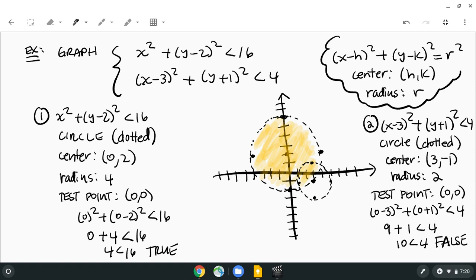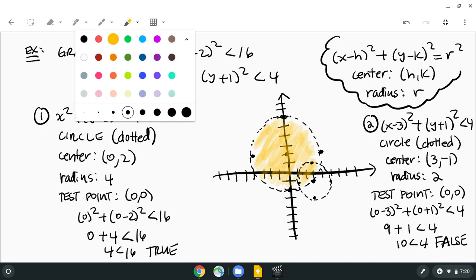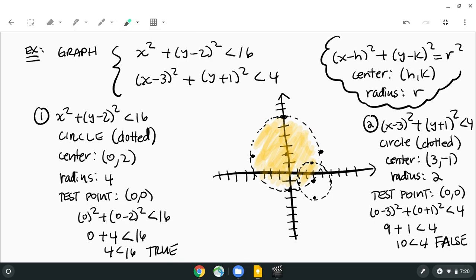So (0, 0), which is outside that little circle, did not work. So instead of shading outside the circle, I'm going to shade inside the circle.